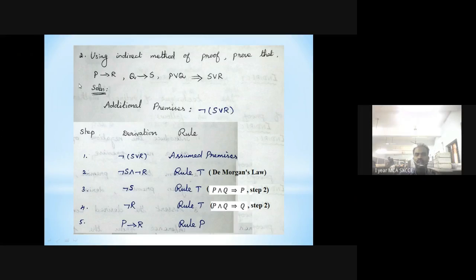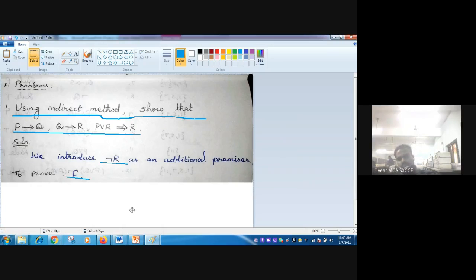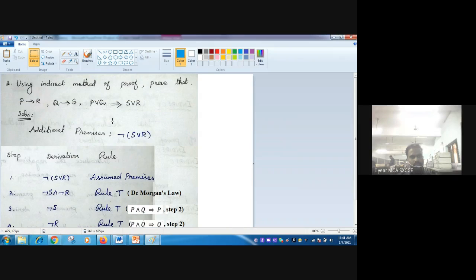That is, P implies R, Q implies S, P cup Q, which implies S cup R. So we have to prove that S cup R. So what do we have to do first?